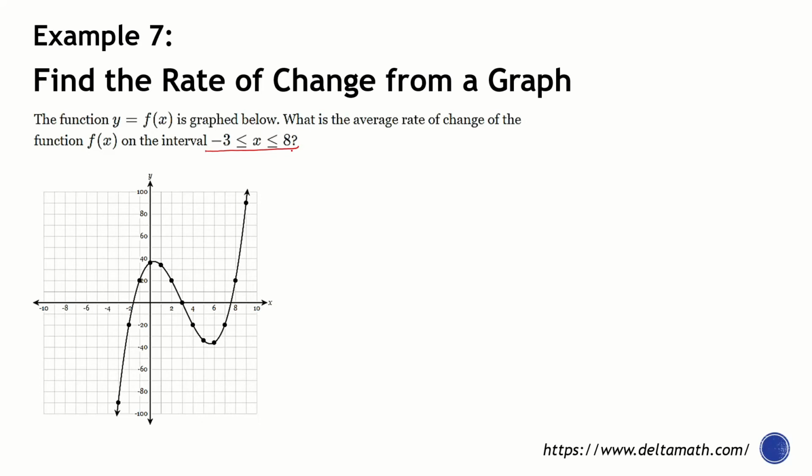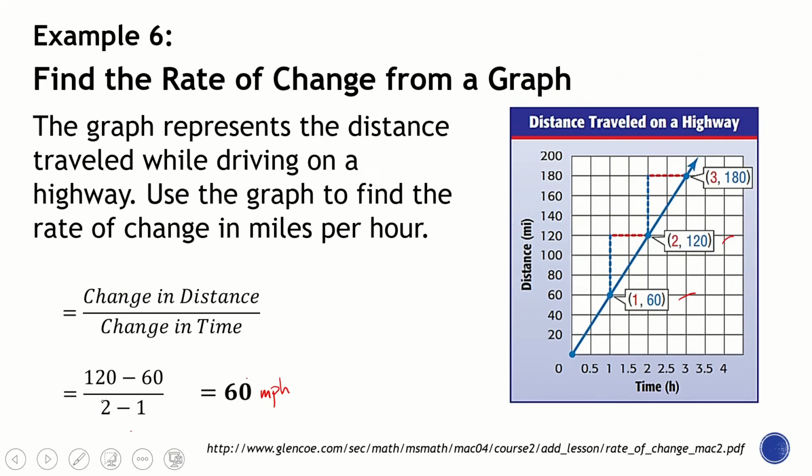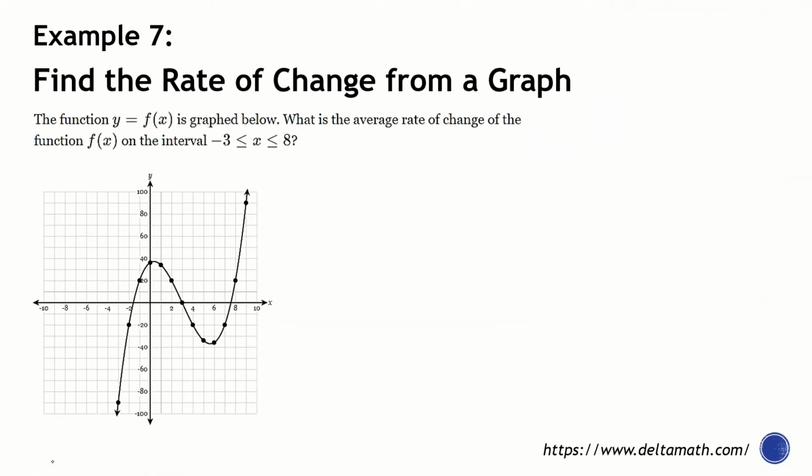So where's -3? It's right here. Oh, my bad. Okay, so -3 is right here. So this is -3, and the corresponding output value of that is -90. And then 8 will be here, and that is 8 and 20.